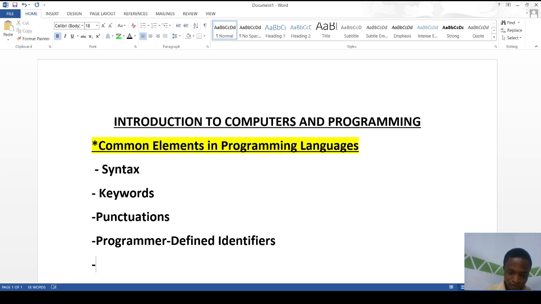The last one we have is operators. Okay, so this is what we have.